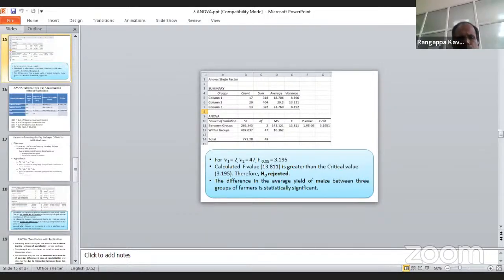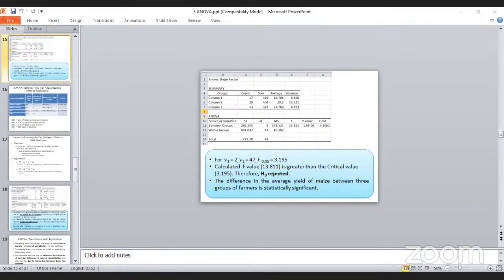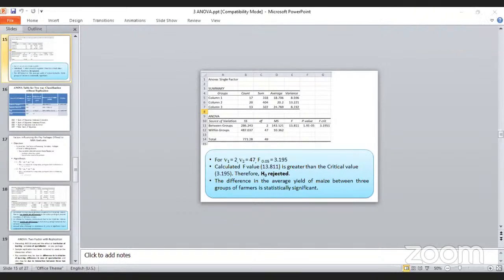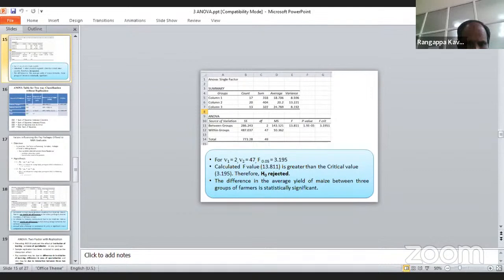You can observe. In this kind of situation, we can formulate the hypothesis like this. I have written mu1 is equal to mu2, which is equal to mu3. Excuse me, sir, we can't see the screen. There is some grammatical error. Not equal to.